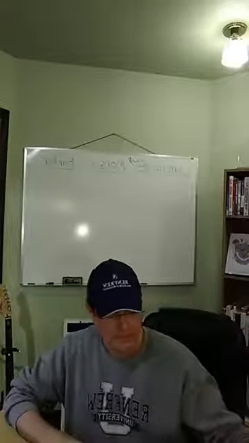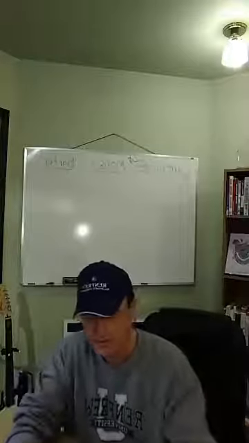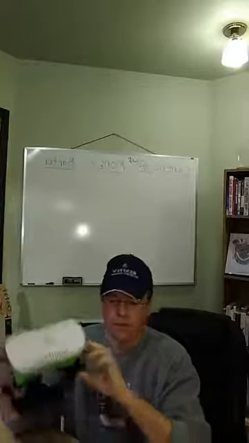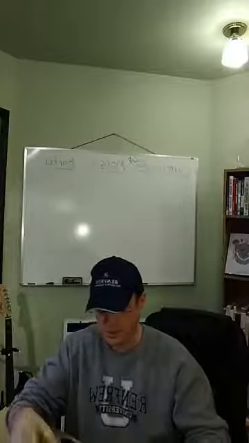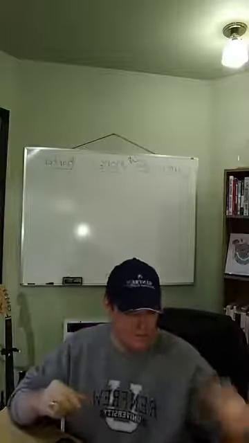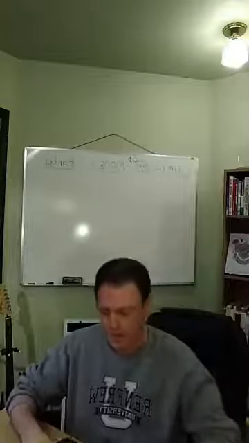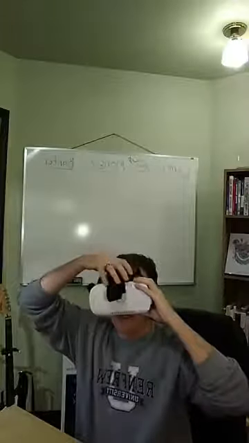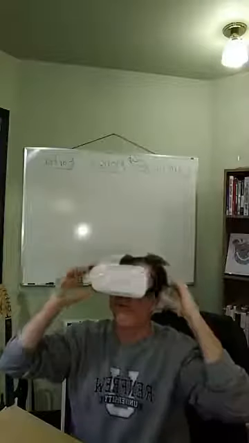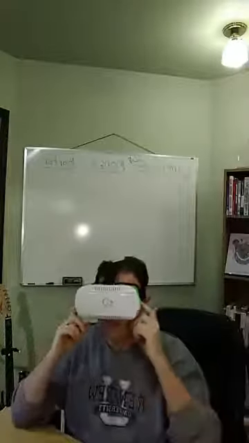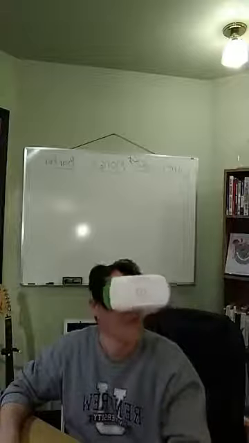So I thought it might be fun to give an example using something that my son got for Christmas this year. If we put on a virtual reality headset, and whoa, this one is loaded up with dinosaurs.